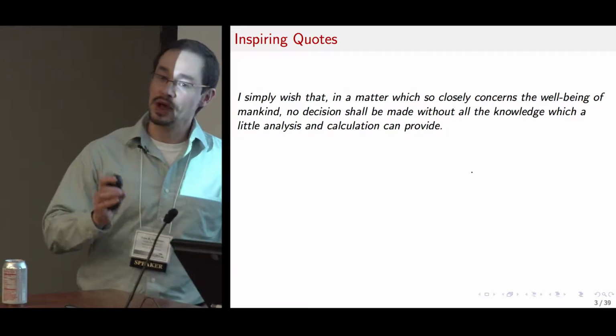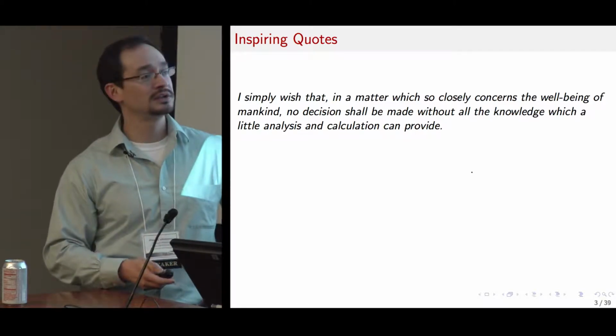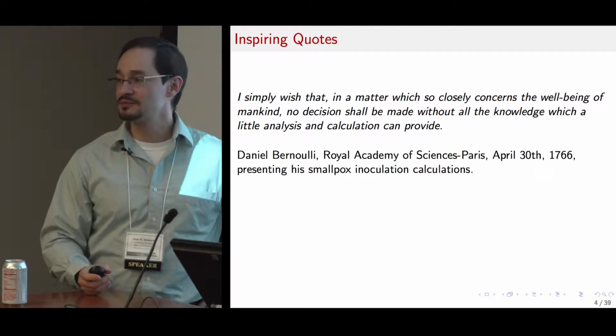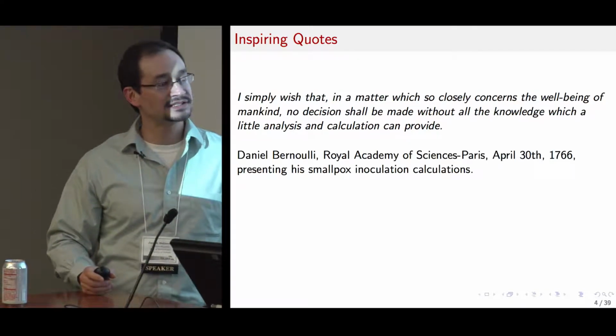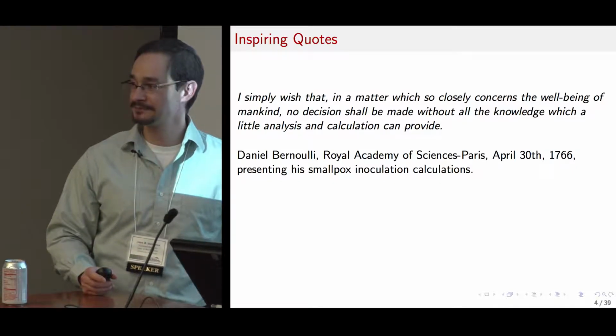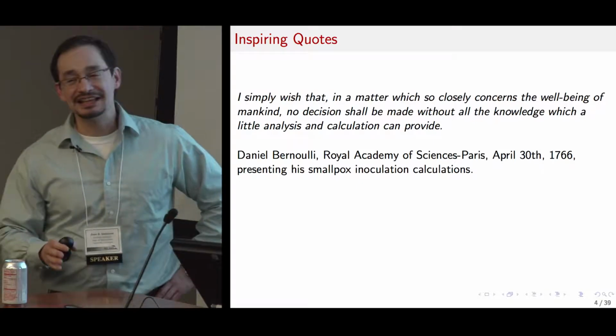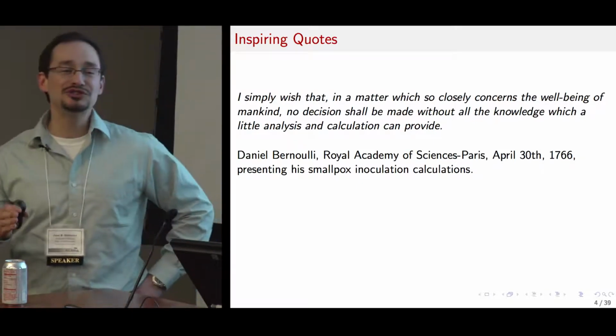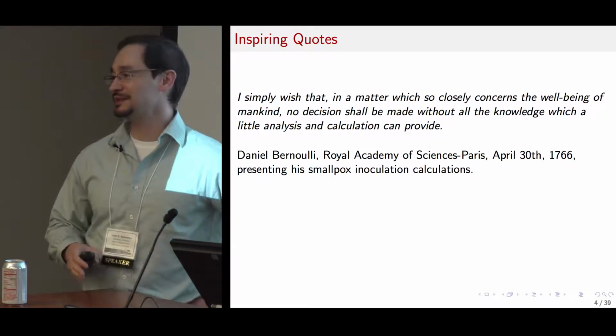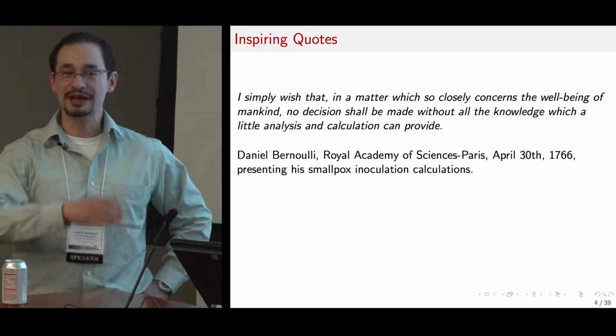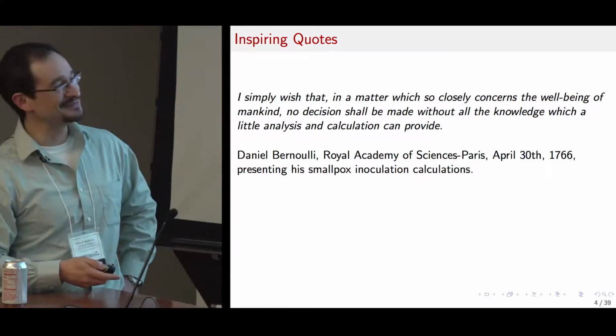This is just quantifying what we know. This is Daniel Bernoulli in 1766, a while ago. So this mathematical biology is not new, has been here from the beginning. It's here, so you better learn it. You're late in the game.